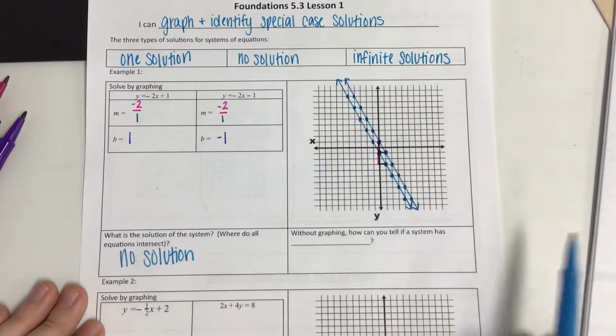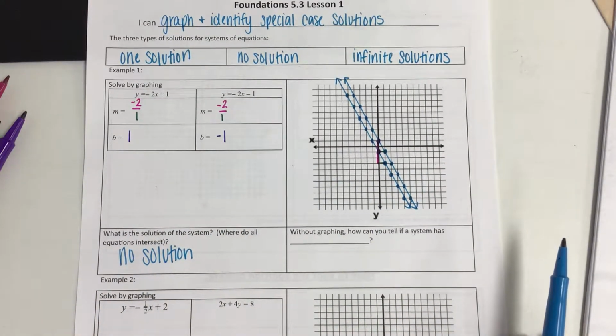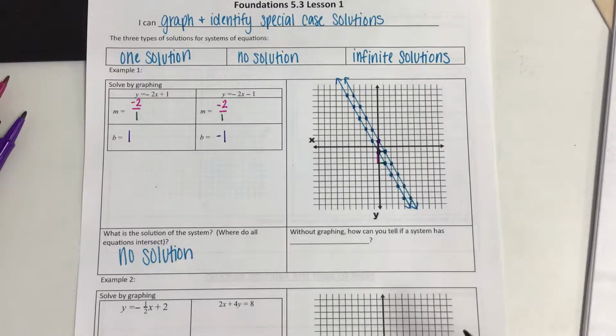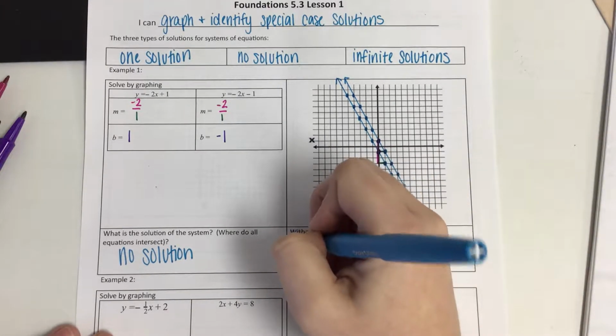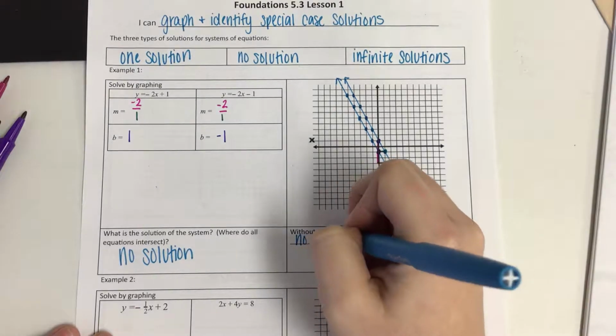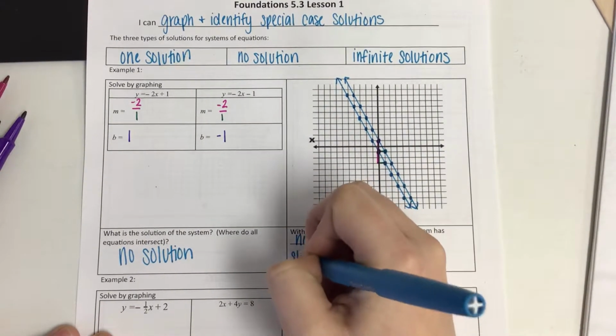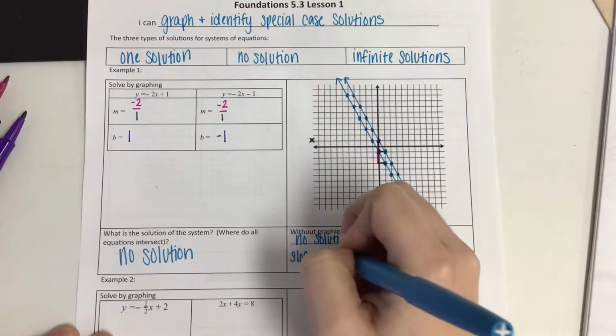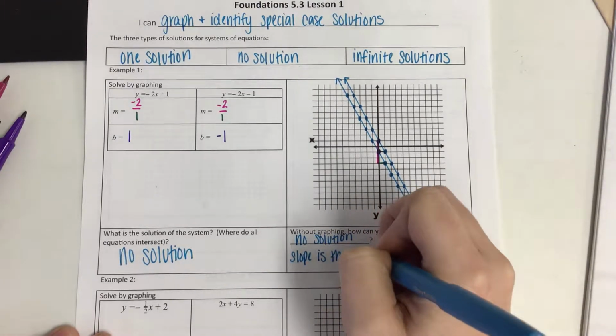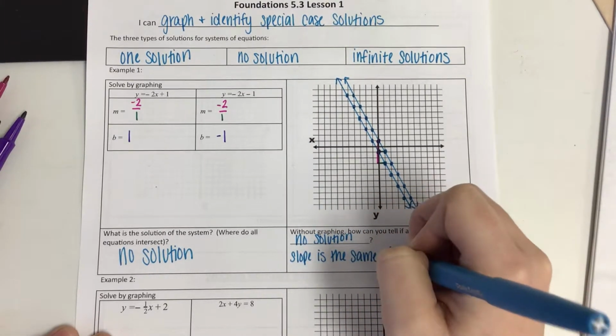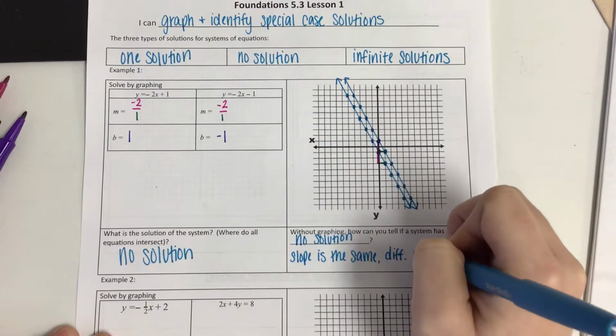When the number in front of x was the same, but our constant was different, it was a no solution. So we'll say slope is the same, different y-intercept.